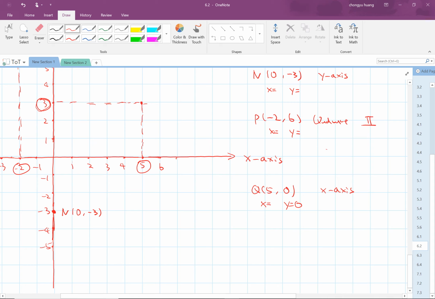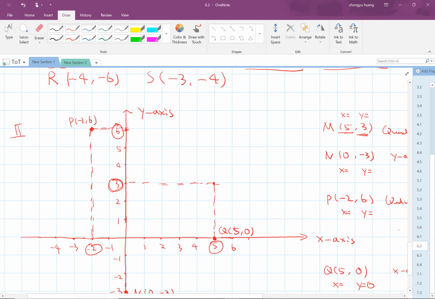The 5 on the x-axis is right over here. So this point over here will be Q (5, 0). Okay.